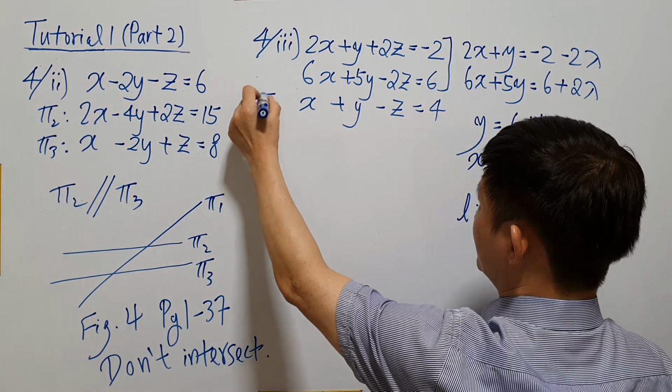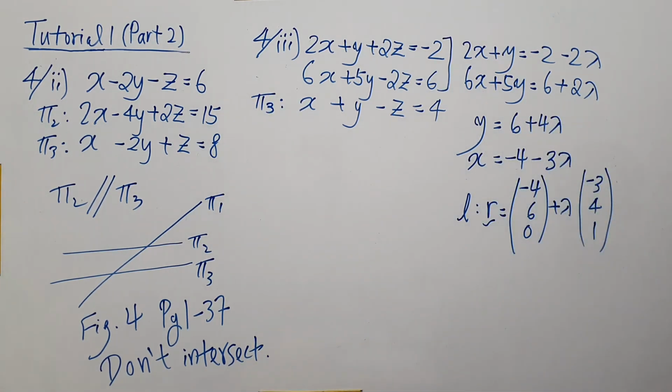Now, having found the intersecting line between the first two planes, we want to study the relationship between the third plane and this intersecting line. So what do you do first? We want to check, are they parallel?